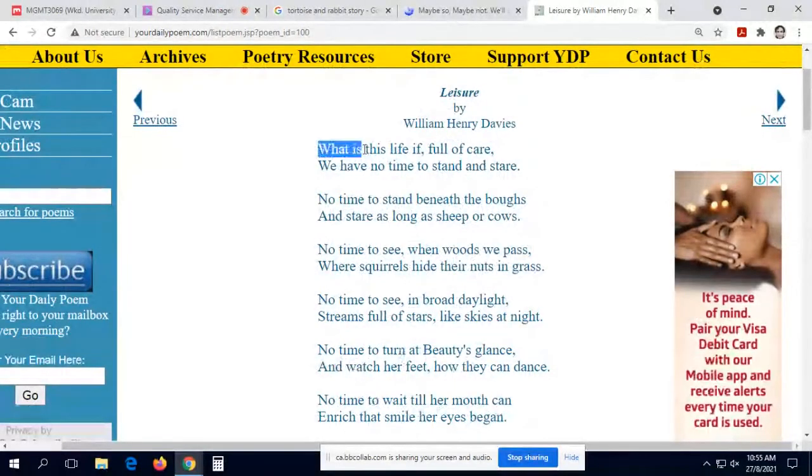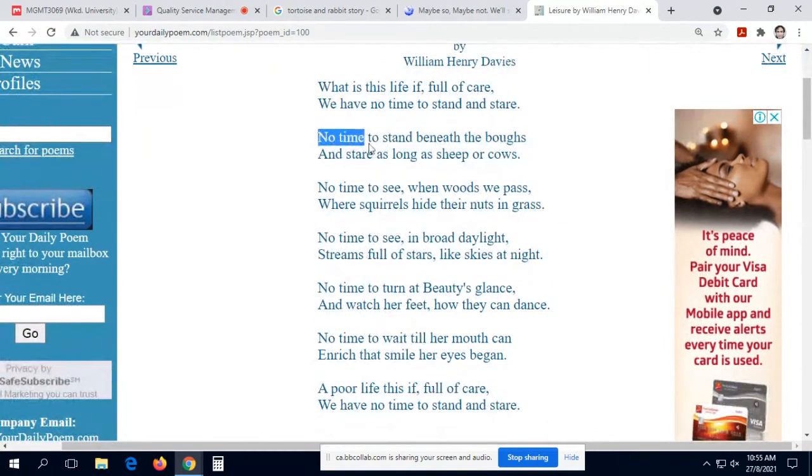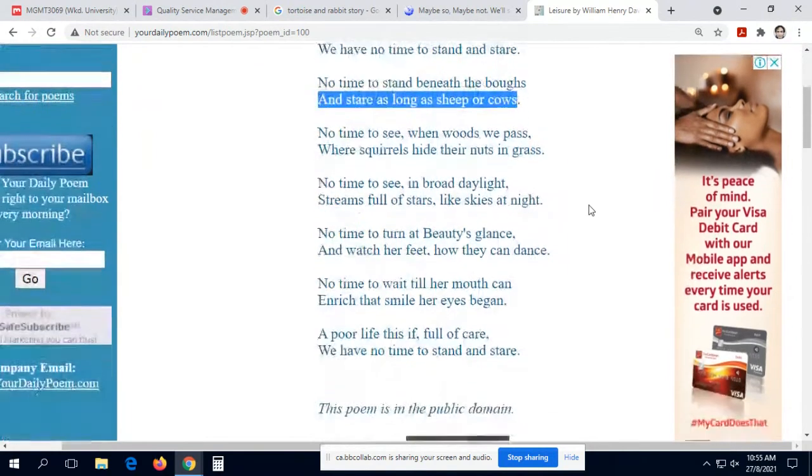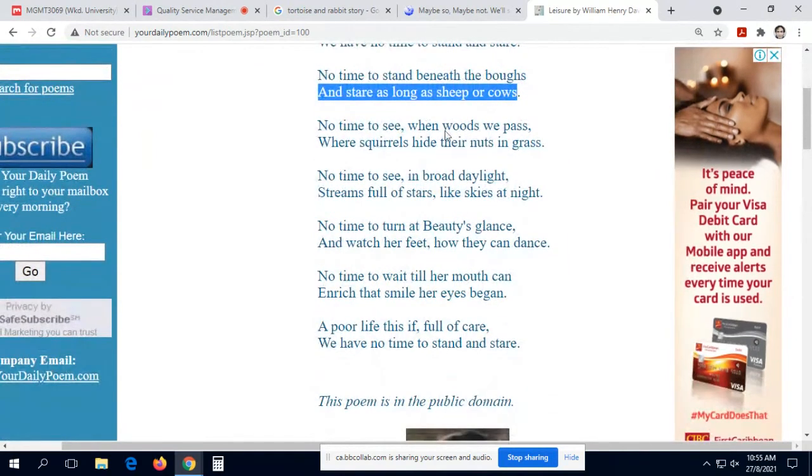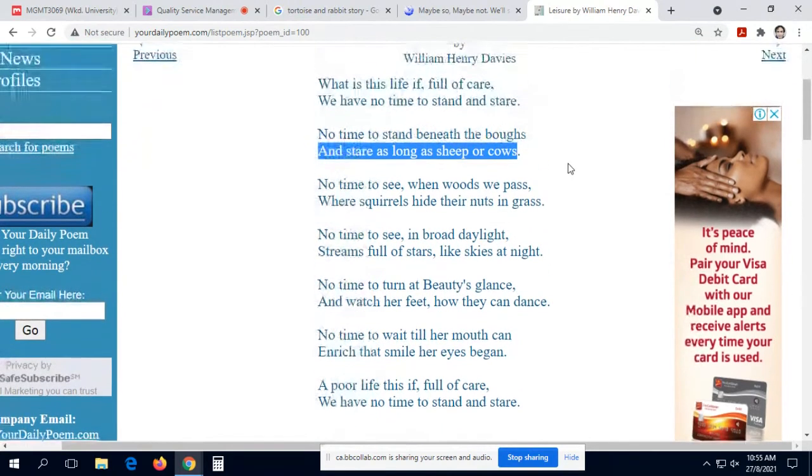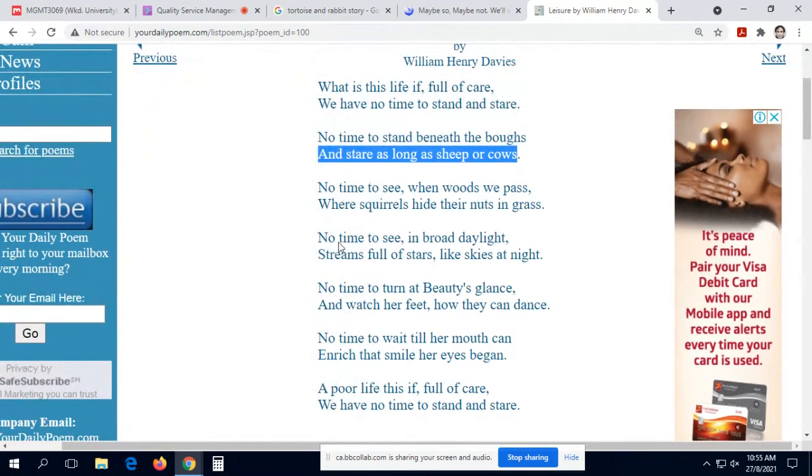What is this life if full of care? We have no time to stand and stare. No time to stand beneath the boughs and stare as long as sheep and cows. No time to see when woods we pass where squirrels hide their nuts in grass.